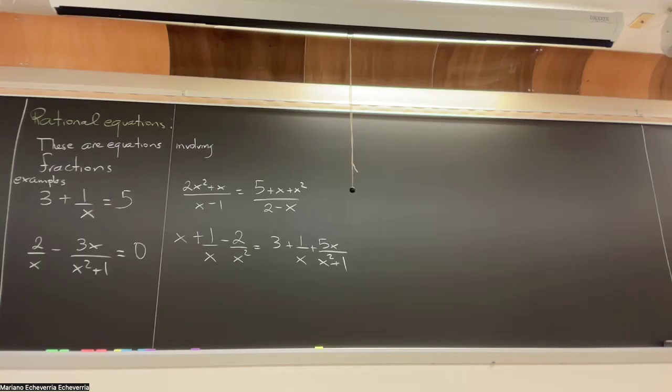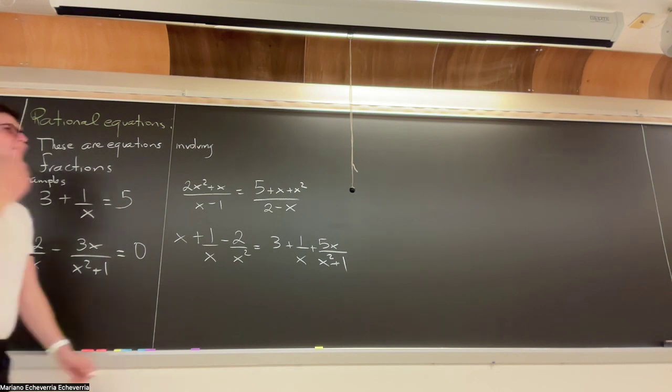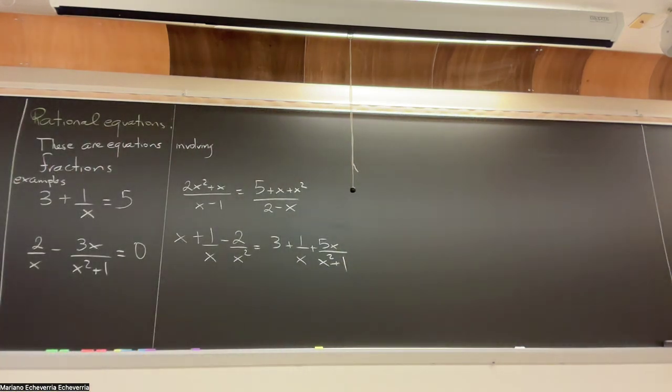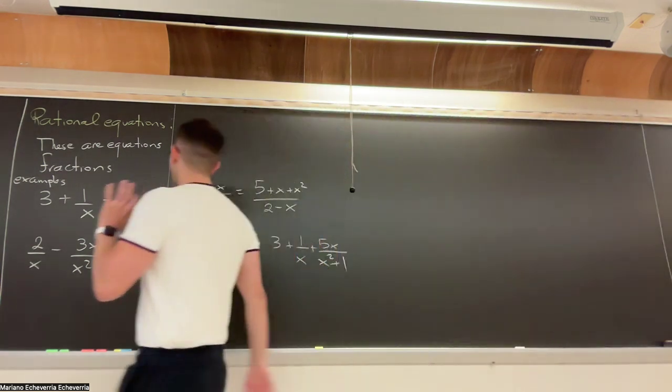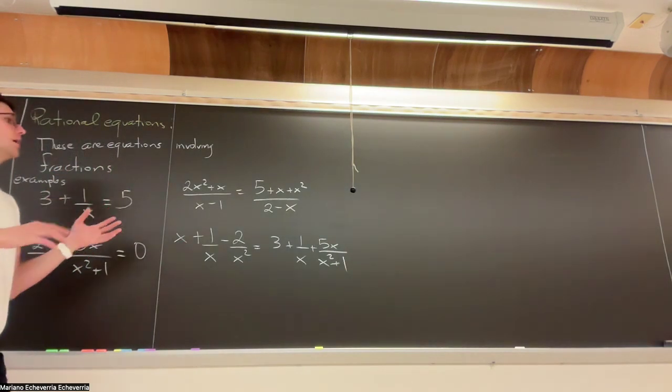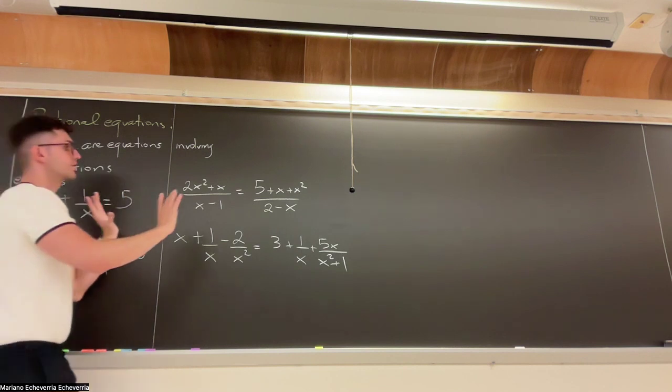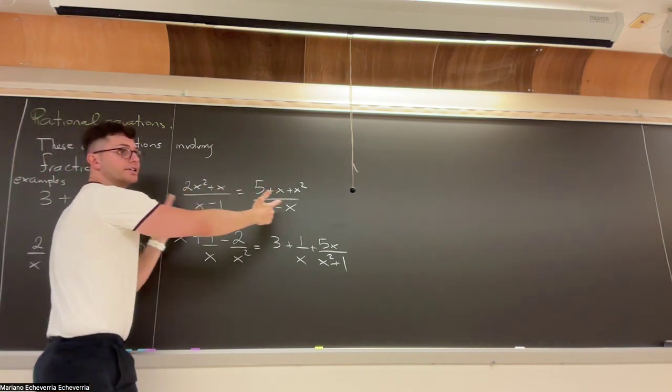So essentially, and this is why we spent a lot of time doing that yesterday, the idea to solve an equation that involves fractions is to first of all, and I'll write the steps in a second, play with the terms so that you have a single fraction on each side of the equation.